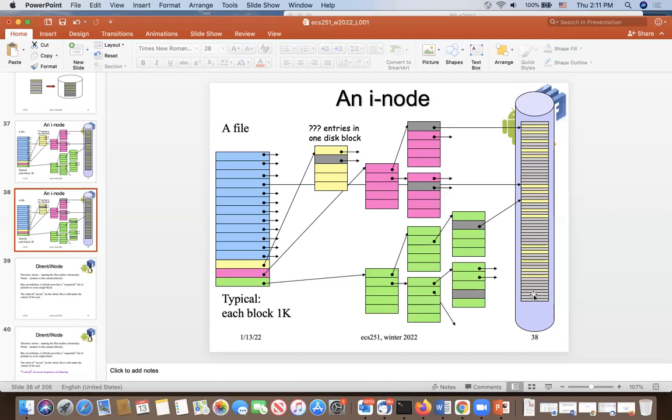Therefore, if there is at least one pointer, then I know that particular block is in use. On the other hand, if none of the inodes has a pointer pointing to a particular block, then that block is considered free. Does that make sense?